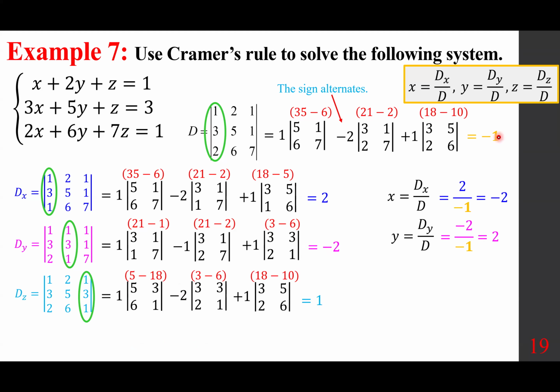And z is this one divided by this one. And the solution set becomes -2, 2, comma, -1. So that's pretty straightforward, everybody.